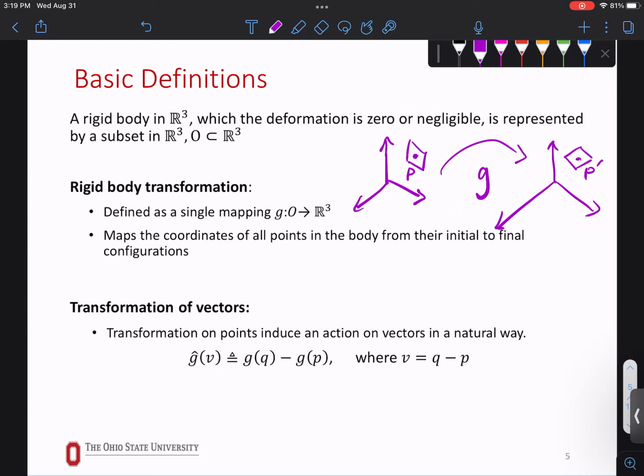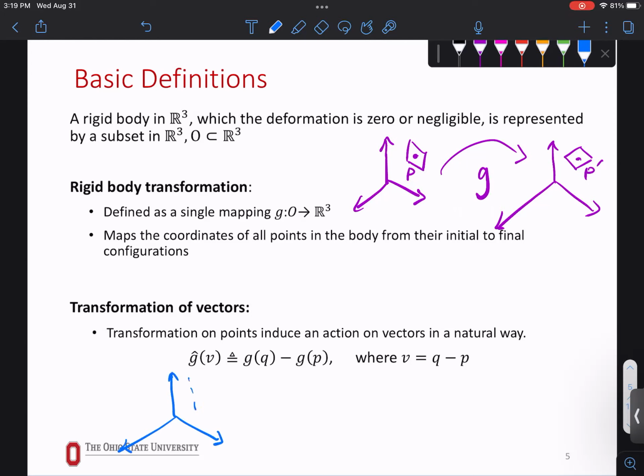Now, how about vectors? So these were about points, right? What happens to the vectors? If I want to transform one vector from one reference frame to another, what will happen? How do we define it based on what we just talked about? Let me draw a vector for you.